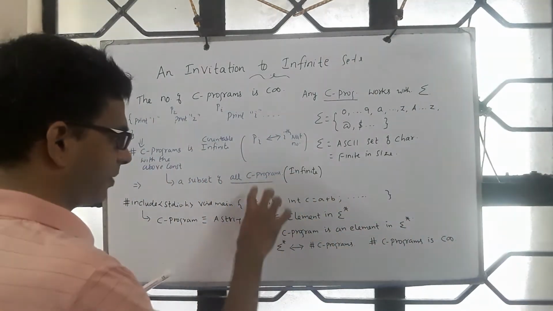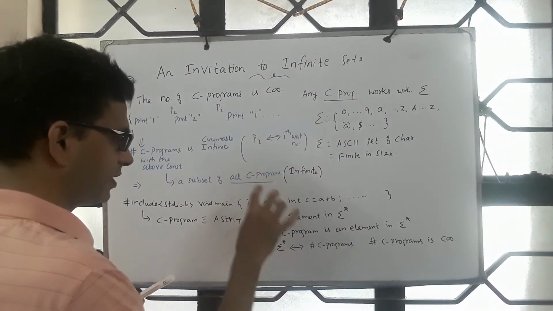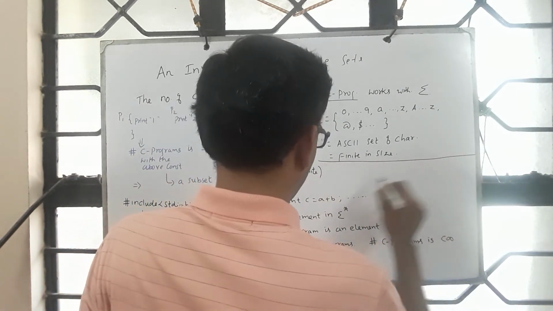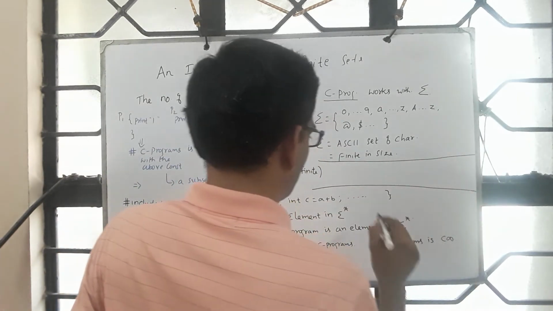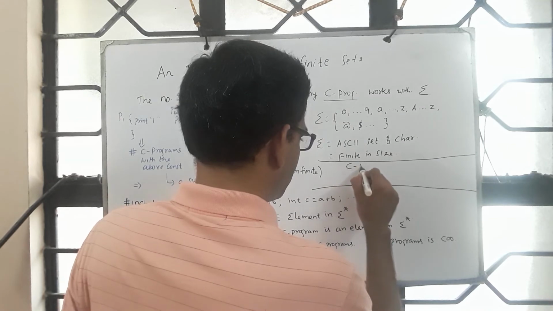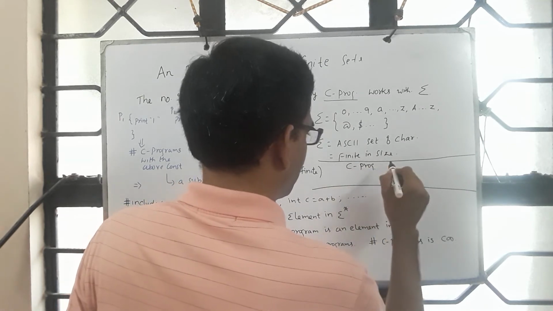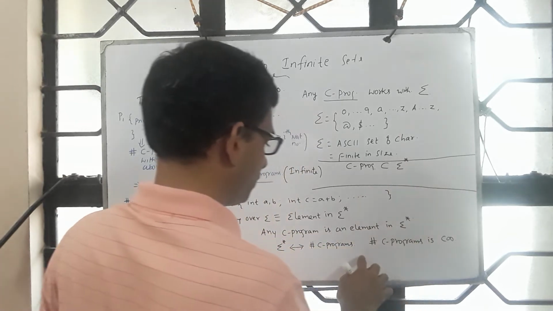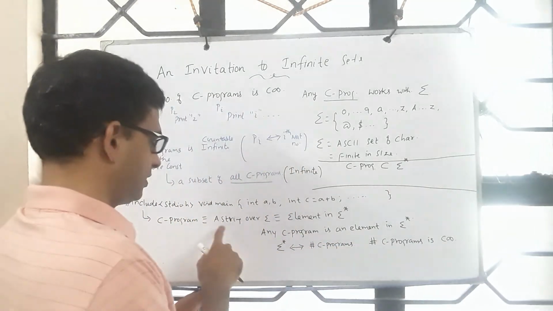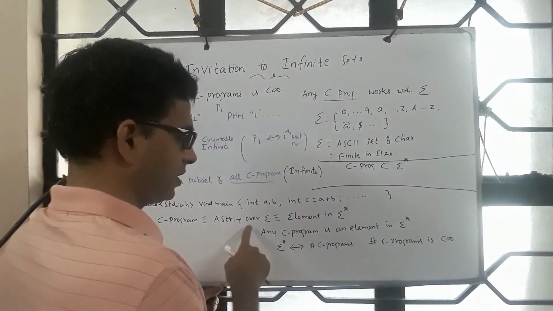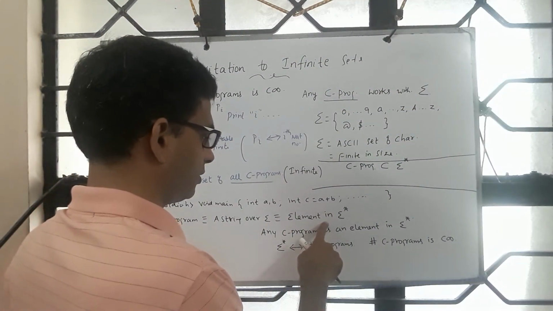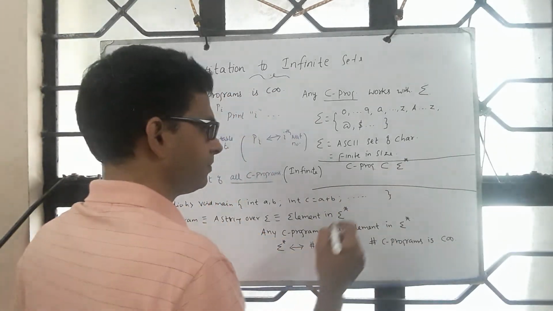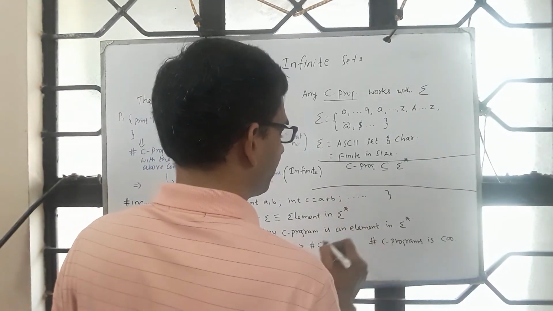Okay. Now I am going to merge this argument and this argument. Now all C programs are a subset of sigma star. Just now we have seen, right? A C program is a string over sigma, which is an element in sigma star. So all C programs are precisely a subset of sigma star.